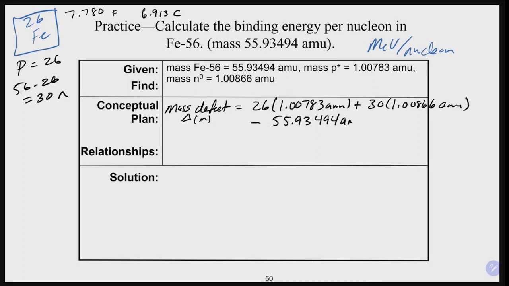And then we're going to subtract it from 55.93494 AMU. That's going to give us a mass defect, which again is the mass that's going to be converted into energy through this process.